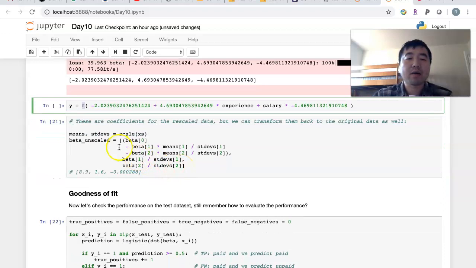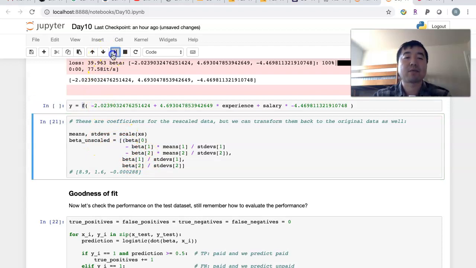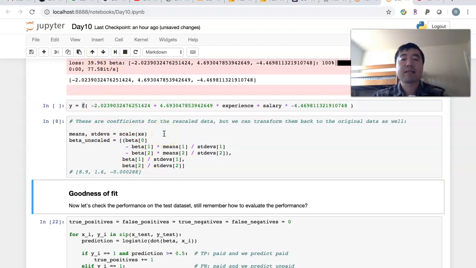Here we get the mean and standard deviation for the scaled one, and we also get the unscaled one. There are some differences, and as we explained, we just scale them, so they will be between 0 and 1. But of course, we can transform them back to the original data.